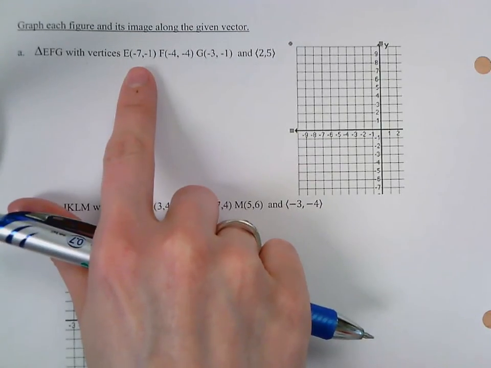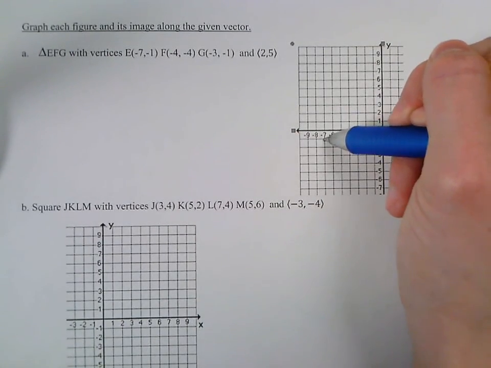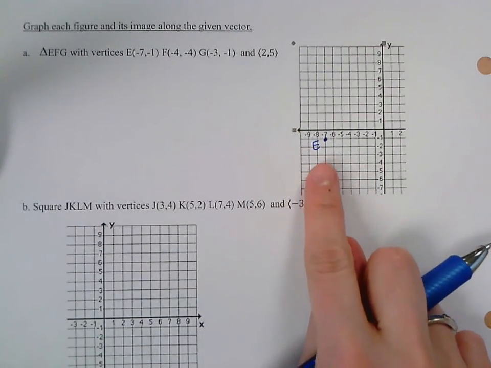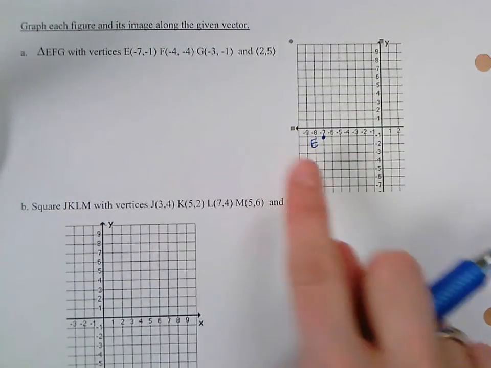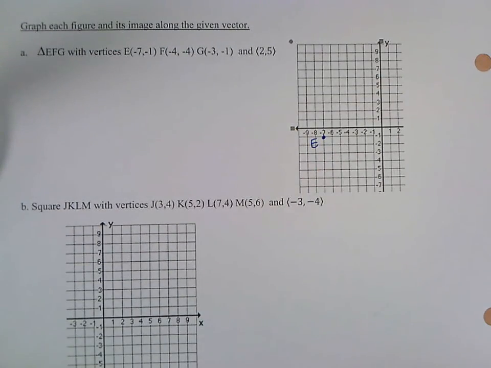So I have E is -7, -1. And also, because I noticed on some of your assignments, you're not labeling your original pre-image and then your image. So just know, on a quiz or a test, if you have 2 figures drawn and they're not labeled, so I can't tell which one is your pre-image and which one is your image, you will lose points for that. So make sure you're labeling everything accurately.